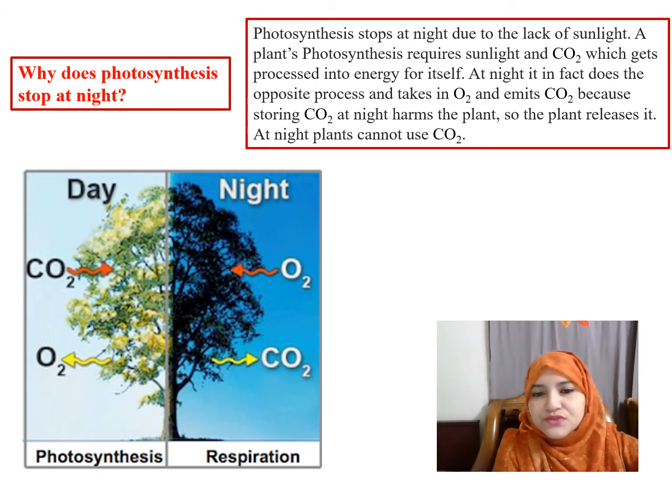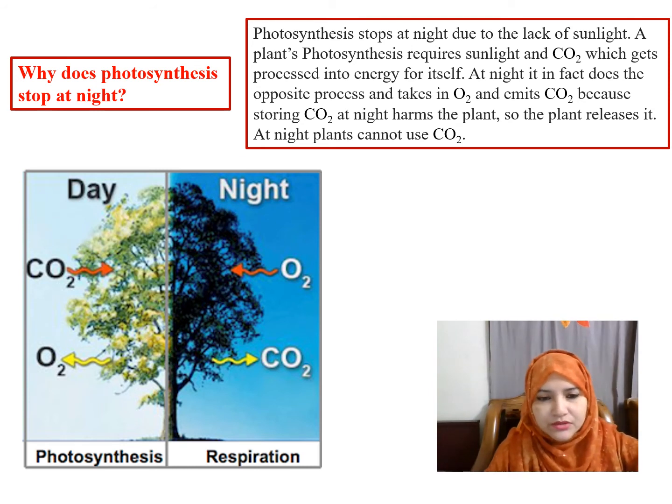At first it makes food, and then this food is turned into energy. At night it in fact does the opposite process and takes in oxygen and emits carbon dioxide, because storing carbon dioxide at night harms the plant. So the plant releases it, and at night plants cannot use carbon dioxide.